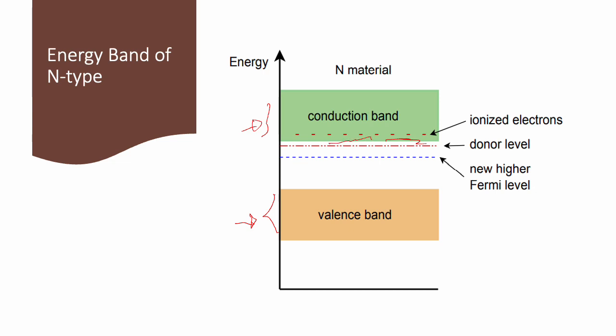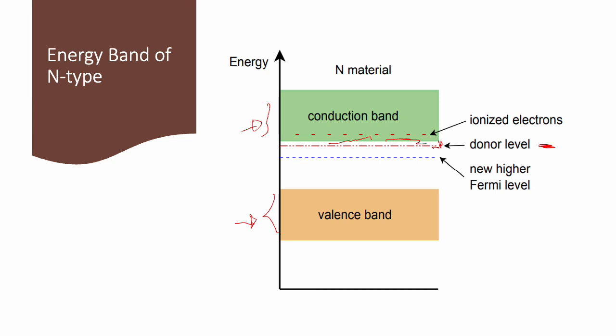So the mechanism of the energy band in an n-type semiconductor involves the introduction of donor impurity atoms, wherein we can find the extra electrons, and this creates donor levels just below the conduction band. So this is the donor level.